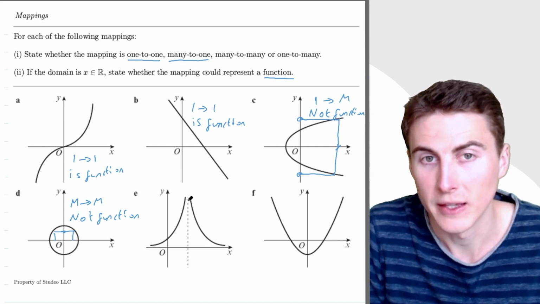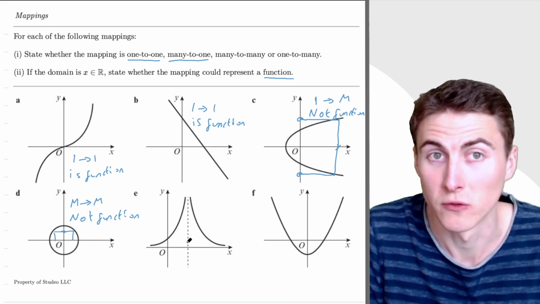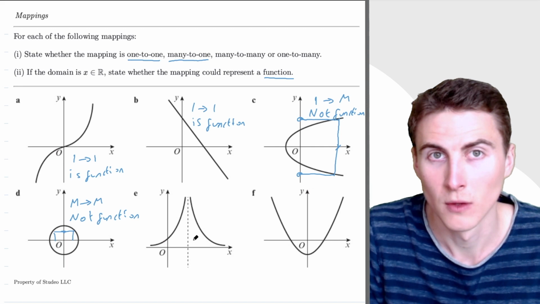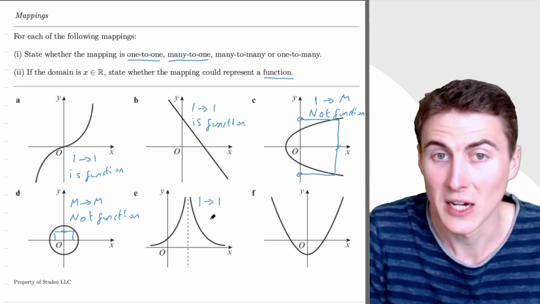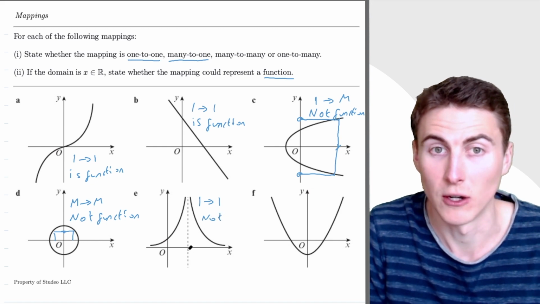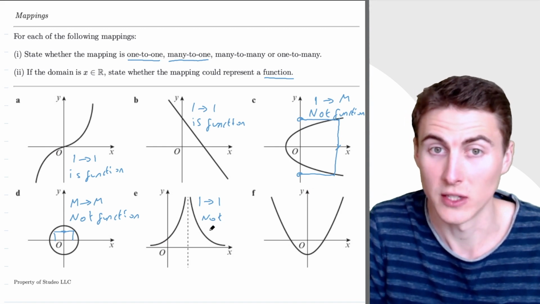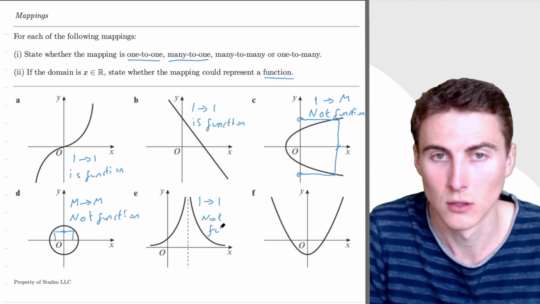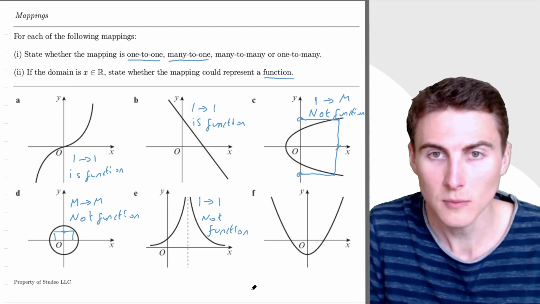However, this x value here doesn't correspond to anything. So this actually stops it from being a function. You could say this is a one-to-one, but it's actually not a function unless you excluded this x value from your domain. If you excluded this x value here from your domain, then this would count as a function. But until you do that, it doesn't count as a function.